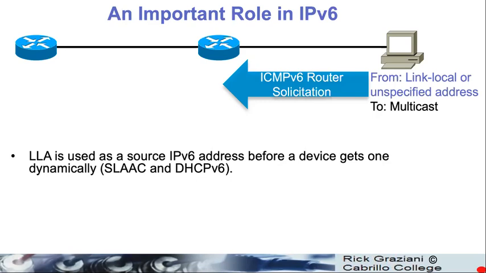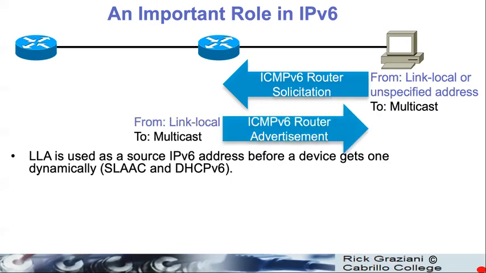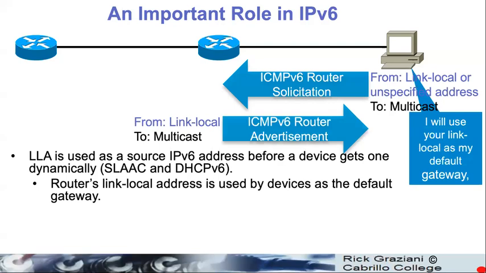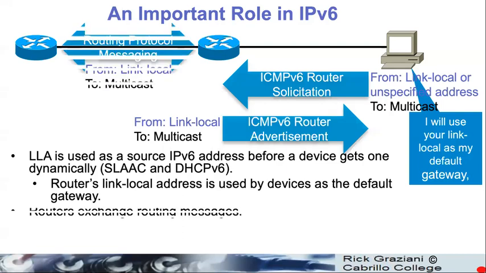That can come from the device's link local address, because it's already created itself one. Also, the router, when it responds with a router advertisement message, comes from its link local address. These devices are talking to each other only on that link. And by the way, that device will use the link local address of the router as its default gateway address.